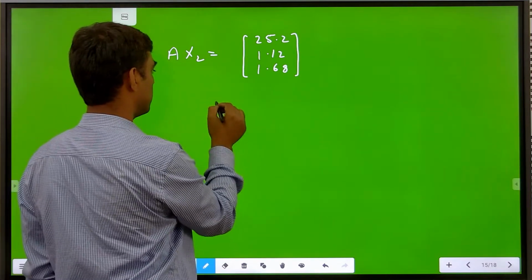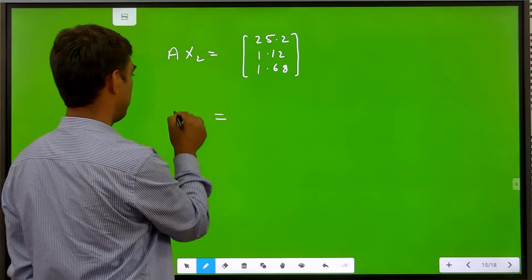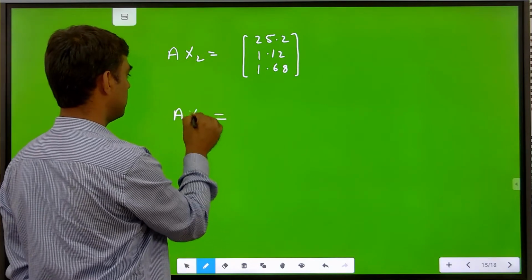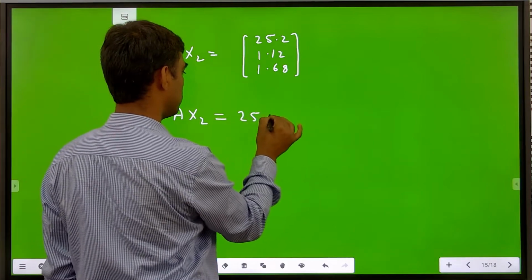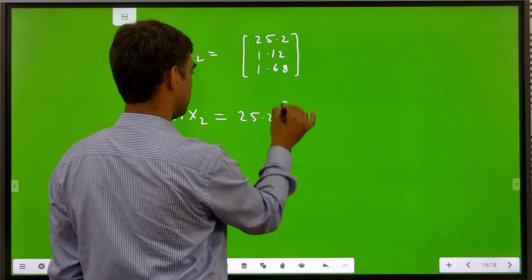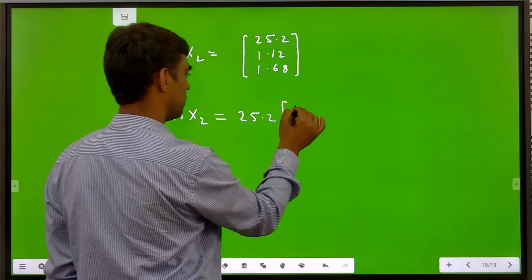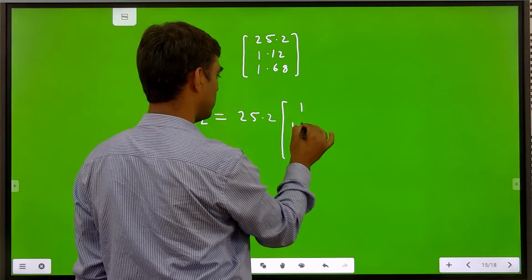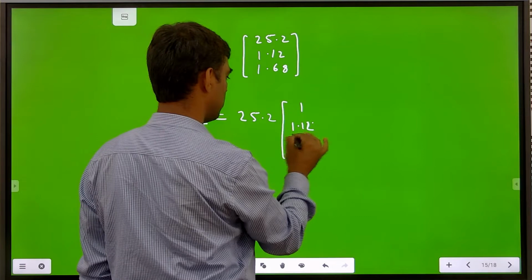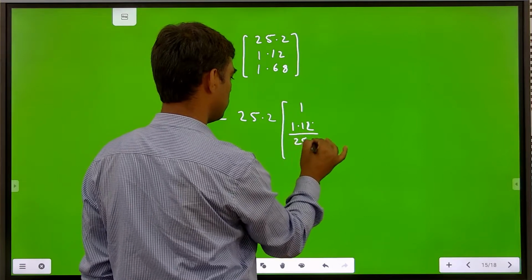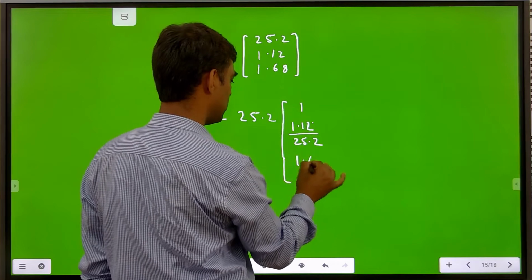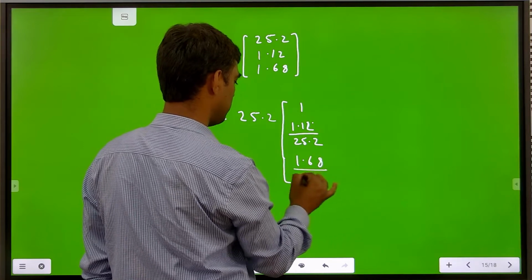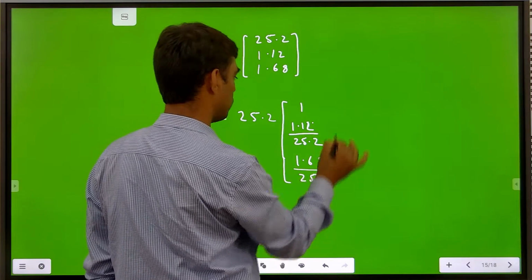So Ax2 becomes 25.2 times 1, 1.12 divided by 25.2, and the third element 1.68 divided by 25.2.